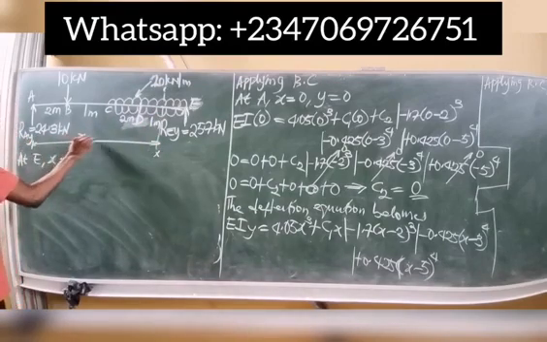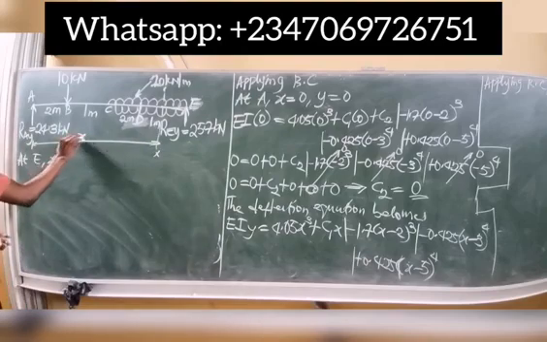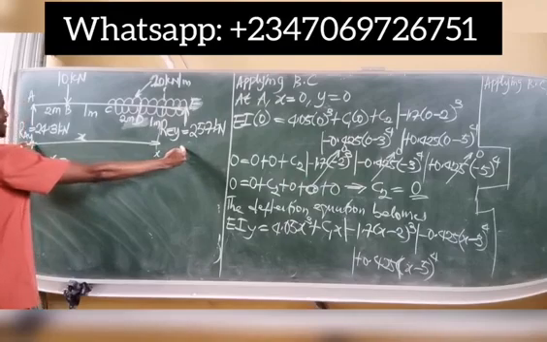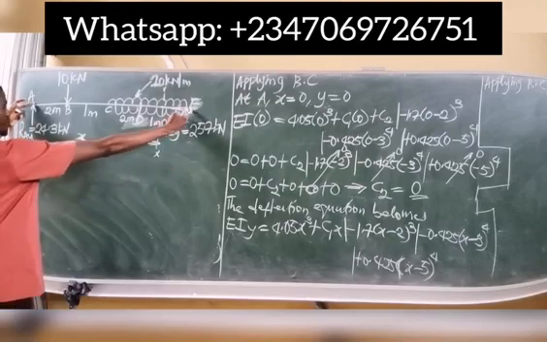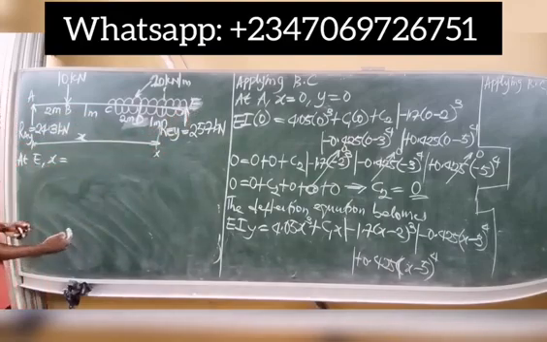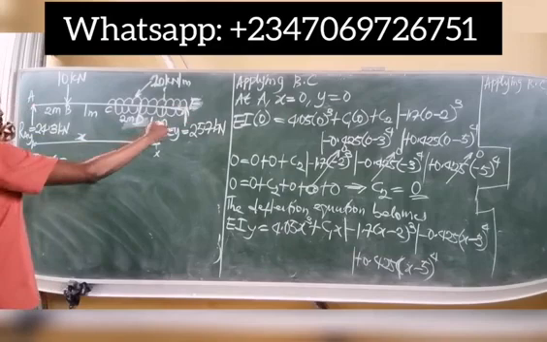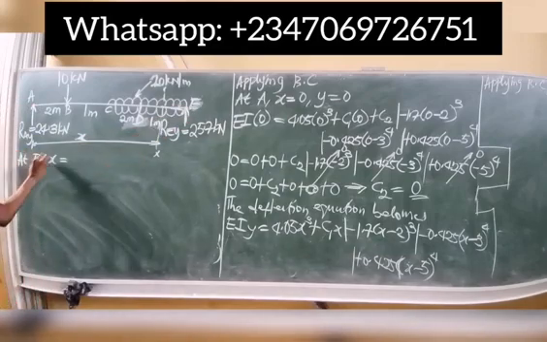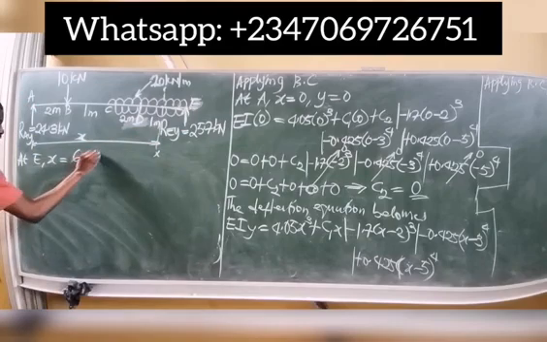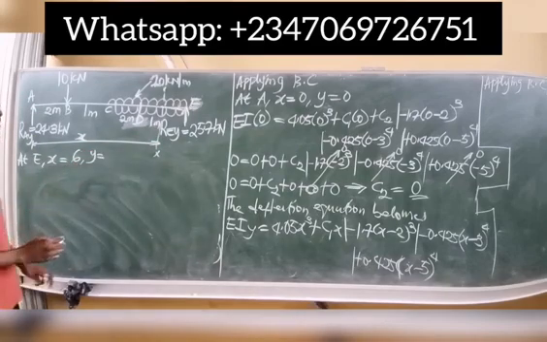Okay, all right, so now we are simply saying that if x finally extends down to point E, x now will become the total length of the beam, which is simply 2 plus 1 plus 2 plus 1, and that's about 6 meters. So at point E, the value of x becomes the total length of the beam. That's simply 6. So at E, x equals 6. But at E also, there is no deflection.